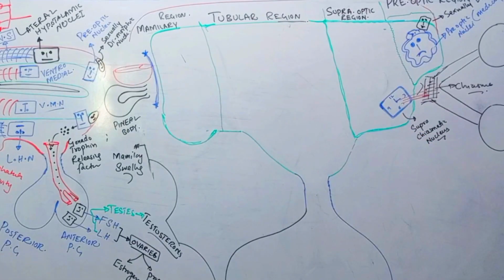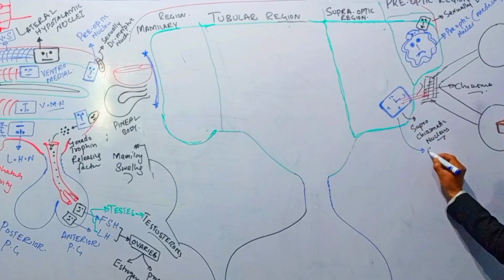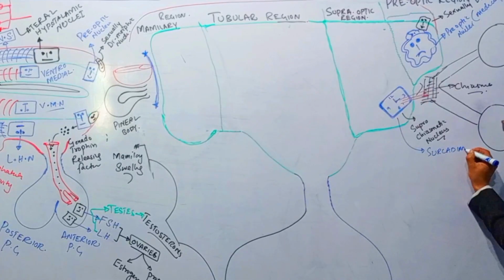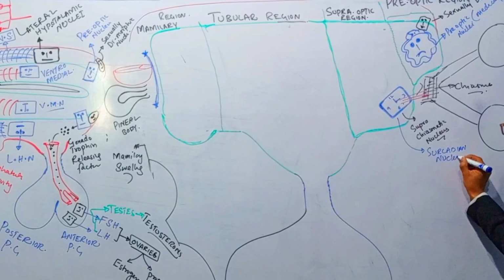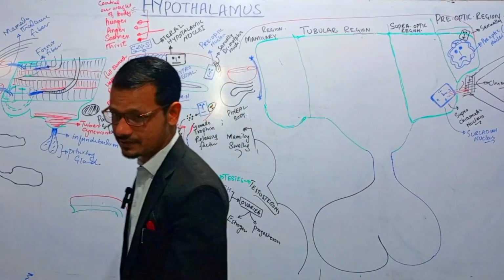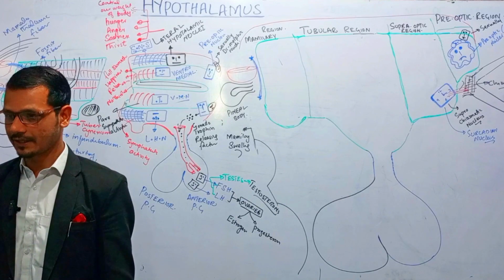It is also known as the circadian nucleus, because it makes us aware about seasons. This is spring, this is autumn, this is winter, right?